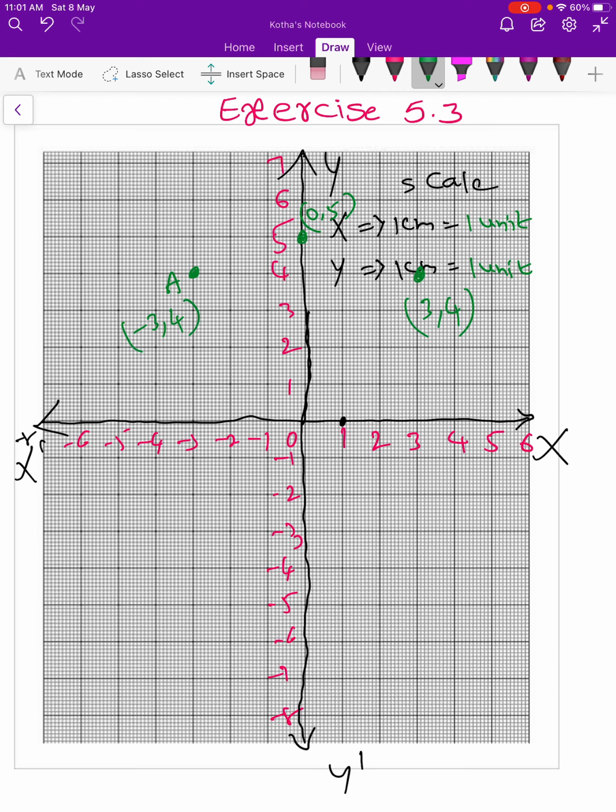Next one more point is here. This point will become 2, 4. Next one point is here. This point will become 2, 0. Next point is here. This point will become 3, 0.